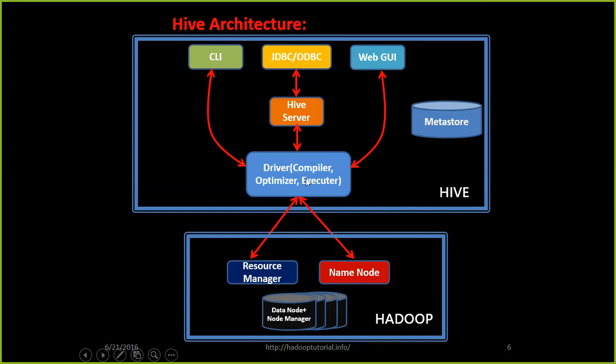So we submit JDBC programs or requests through the Hive server. For CLI mode or for WebGUI, you don't need the Hive server. You can directly log in to your shell and run your commands. That shell itself will interact with the driver in the backend, and the WebGUI does the same.